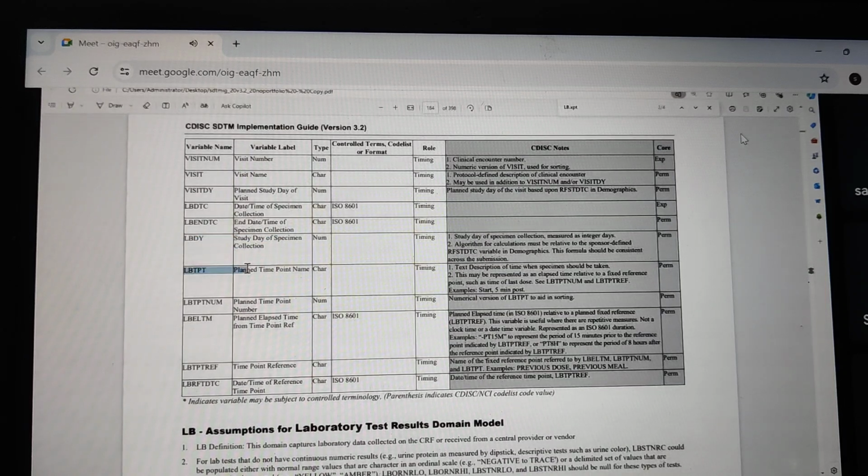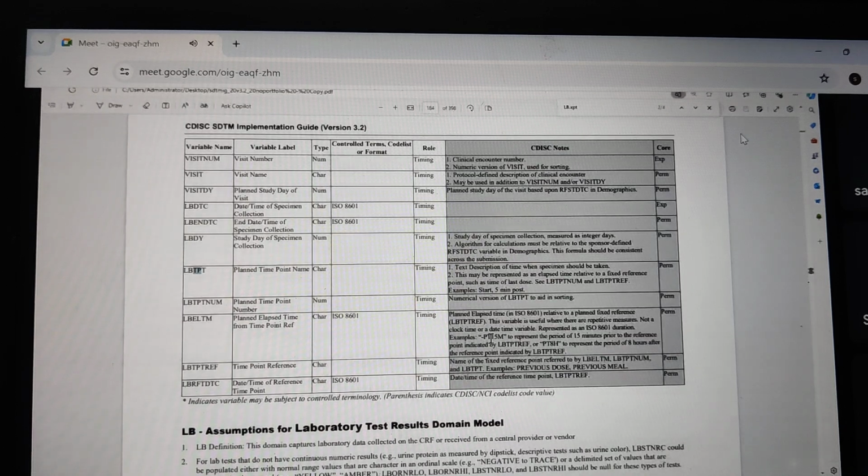And then LBTPT, so you already know the time point variables. TPT is the time point, like pre-dose, post-dose, say 5 minutes post. And TPTNUM is nothing but each individual TPT having one numeric number, like VISITNUM. So LBELTM, the elapsed time, is based on this time point.